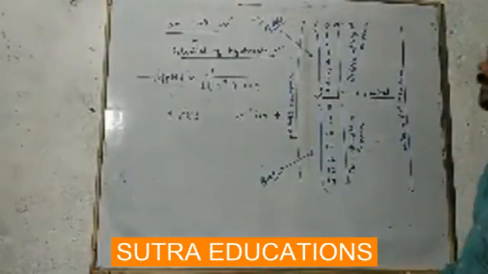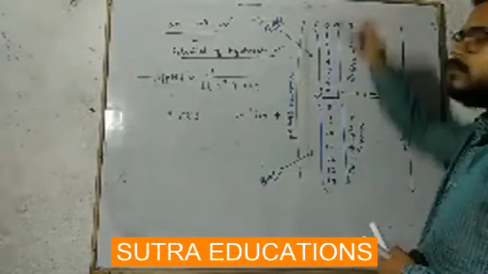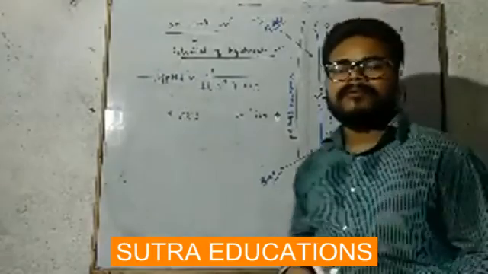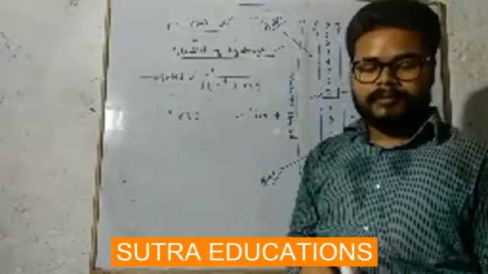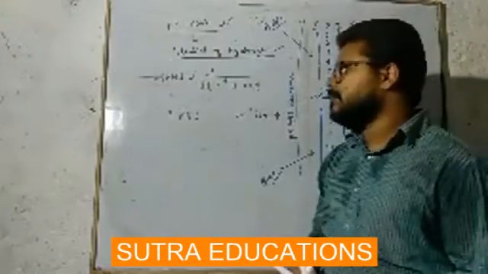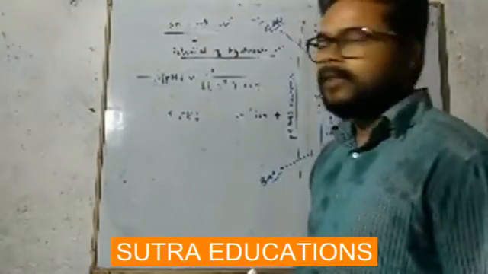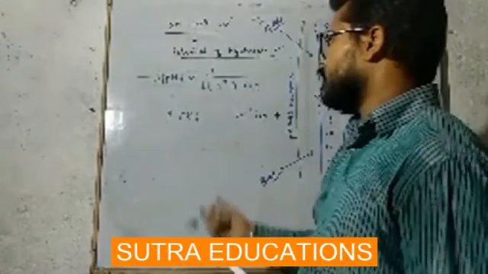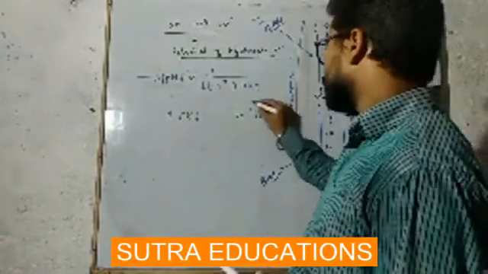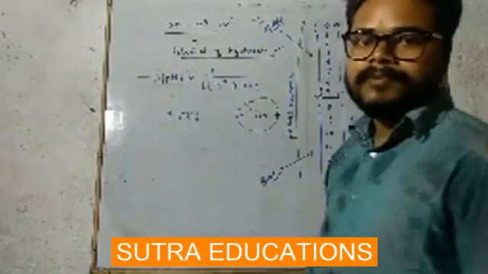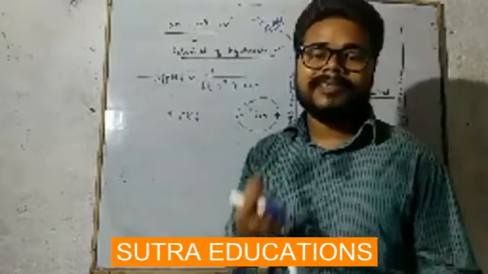Now you can see we are going from 6 to 0: 6, 5, 4, 3, 2, 1, 0. It means pH is decreasing. And if pH decreases, then the concentration of H plus ion will increase. Getting this or not? And H plus ion is responsible for the acidic behavior.